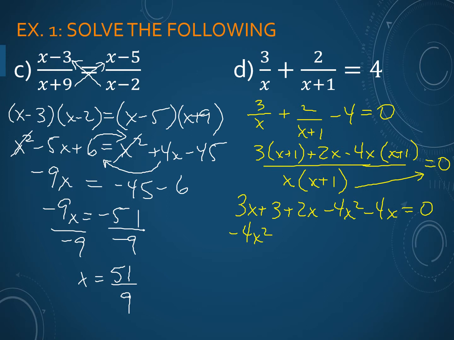Minus 4x squared and plus x and plus 3 equals 0. We got a negative out front of the x squared term. So you can think of common factoring out a -1, or if you want to, you can just move everything to the other side. So you could get 0 equals 4x squared minus x minus 3.